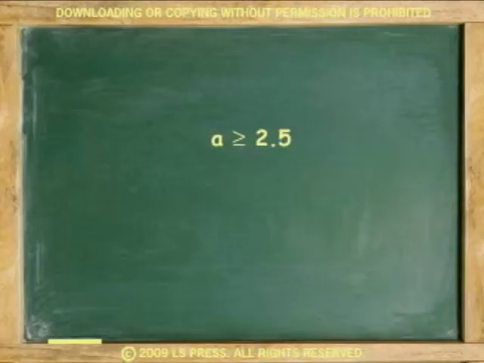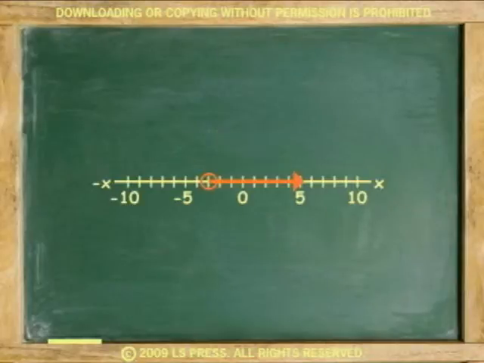This reads a is greater than or equal to 2.5. The answer: 2.5, 3, 4. This reads b is less than or equal to 7. The answer: 7, 6, 5, 4.